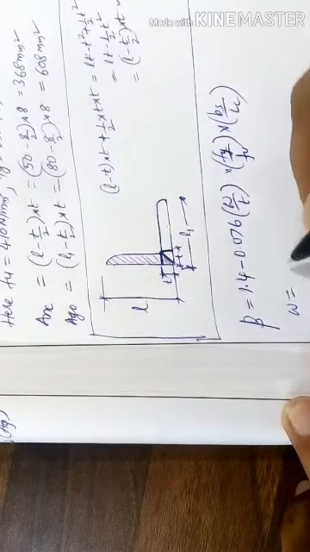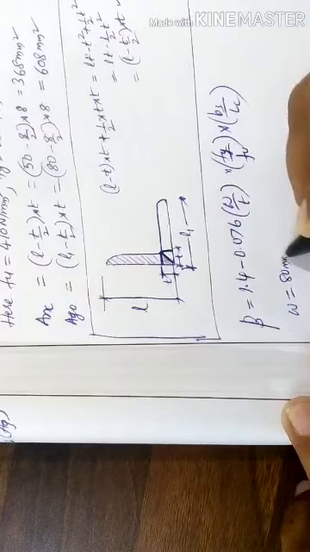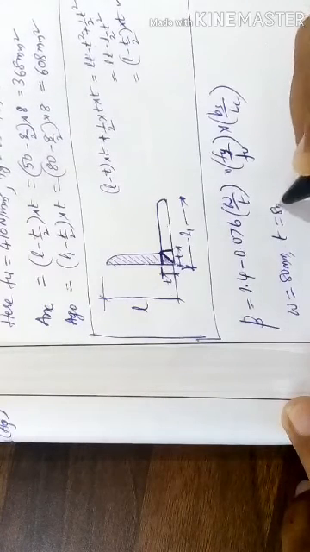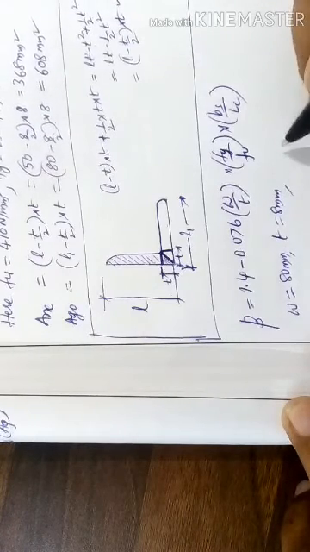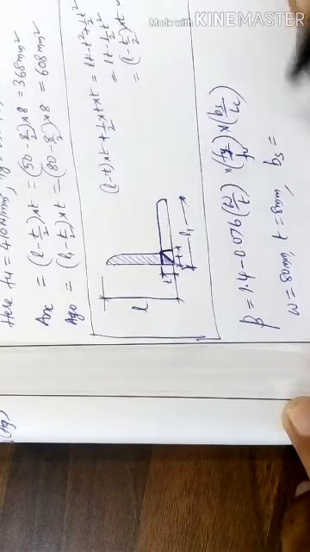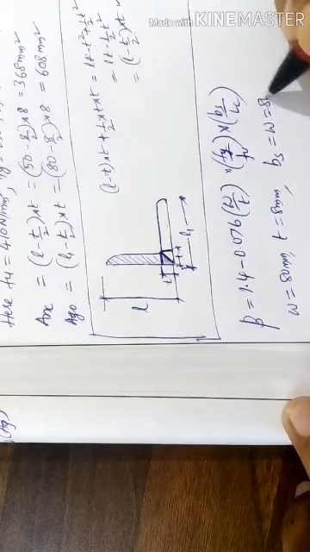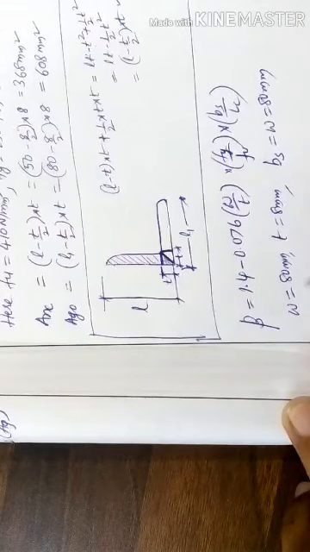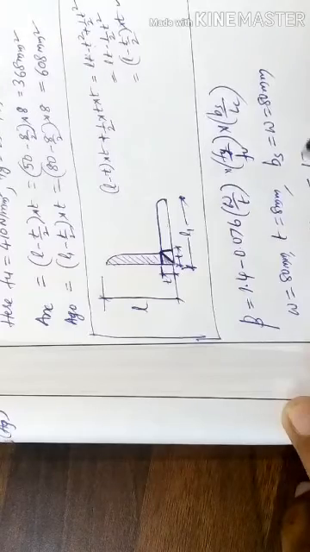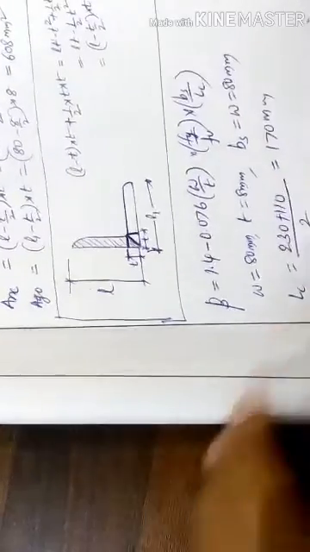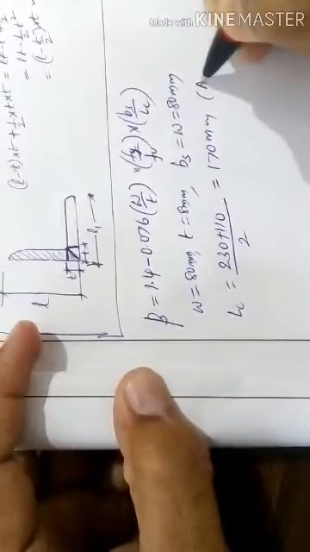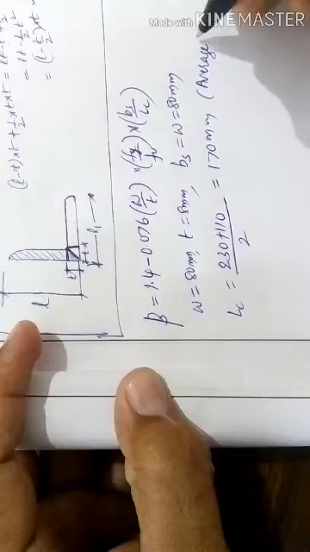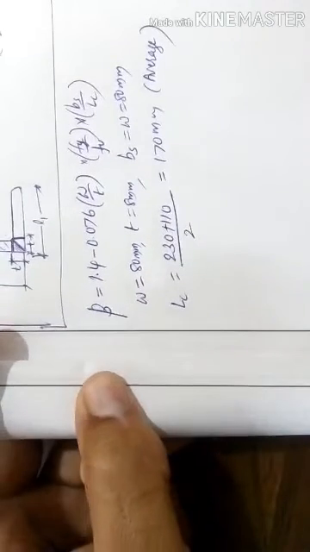W is the outstanding leg width, 80 mm, T is 8 mm thickness of the angle section, then Bs is equal to W for a welded connection, then Lc will be the average length you need to take, that is 230 plus 110, the average length of weld, so 170 mm.